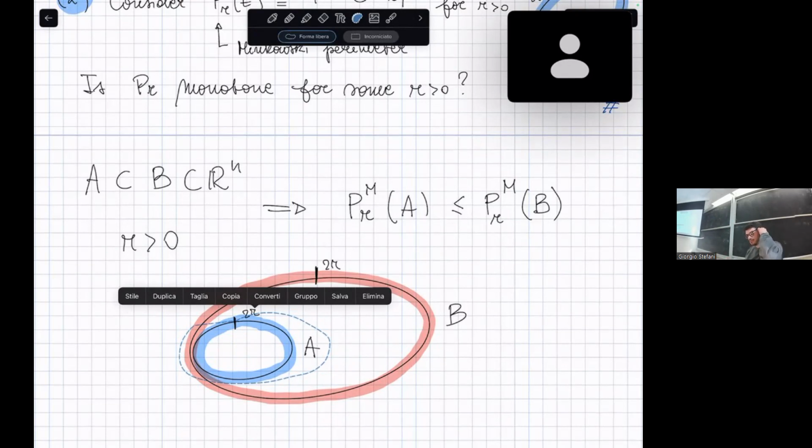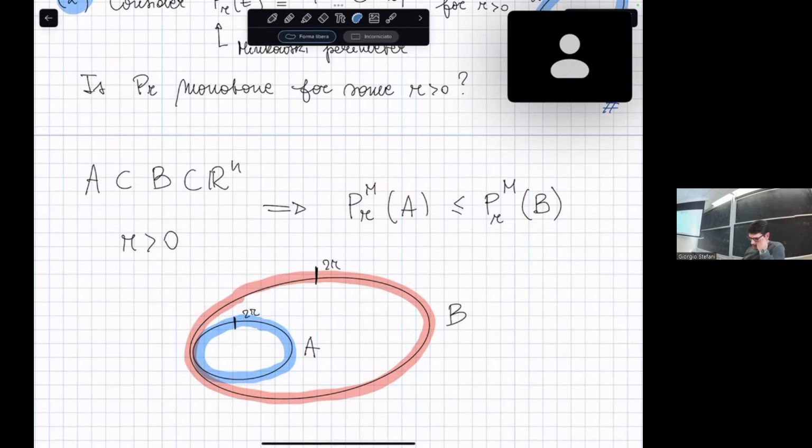Isn't it just a consequence of the coarea formula? It seems to me that the measure of the R enlargement is just the integral between 0 and R of the perimeter of the epsilon enlargement integrated with respect to epsilon.